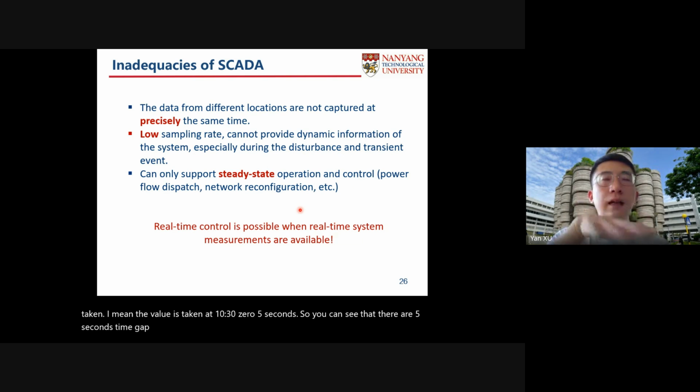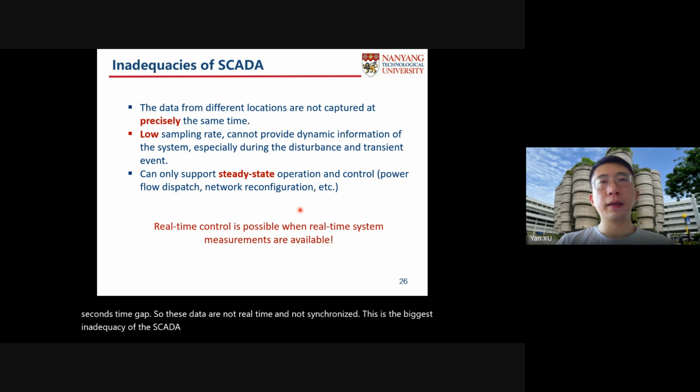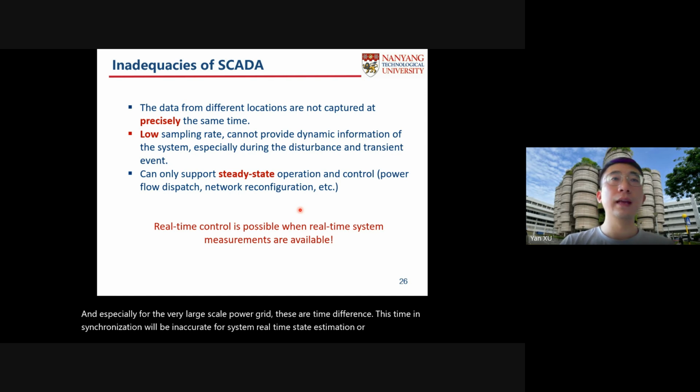So these data are not real time, not synchronized. This is the biggest inadequacy of the SCADA system. Especially for a very large-scale power grid, this time desynchronization will make real-time state estimation or real-time analysis inaccurate.